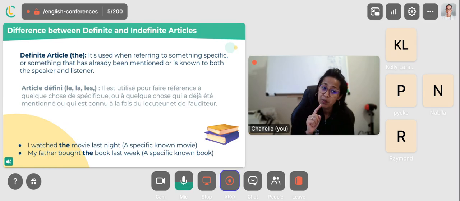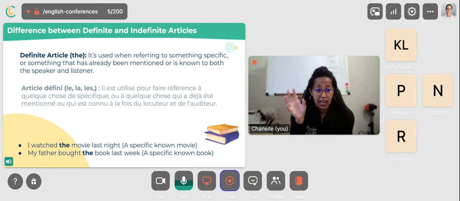Now you would like to be specific. So you say, the woman has a yellow dress or had a yellow dress. We can see now we are being more specific, so we use the. Whereas in the beginning, we started with a or an because it was more general.